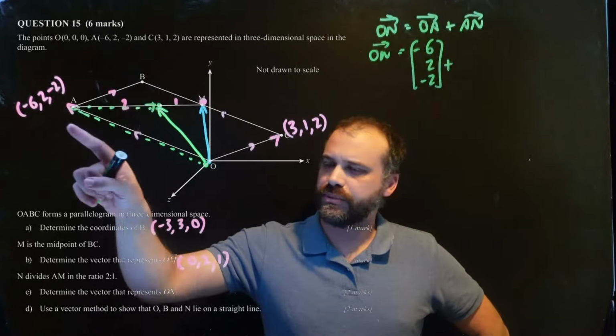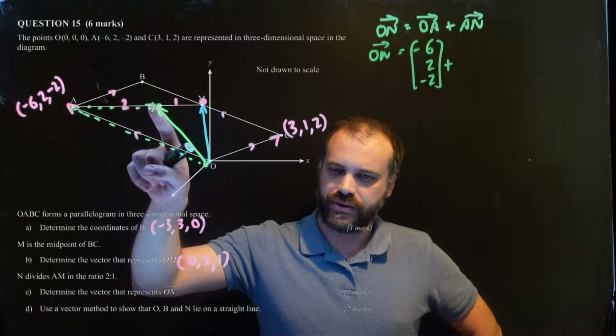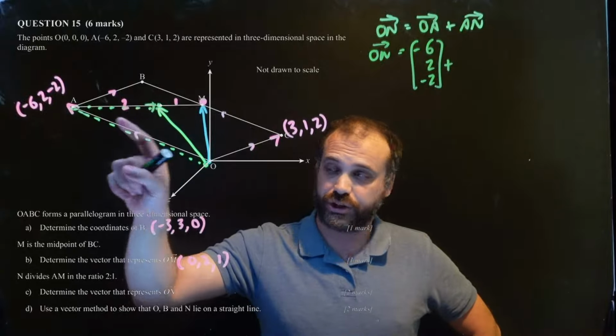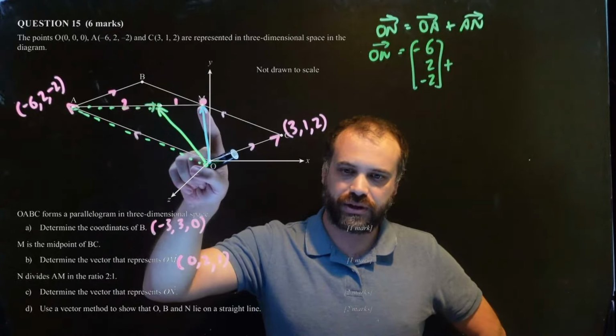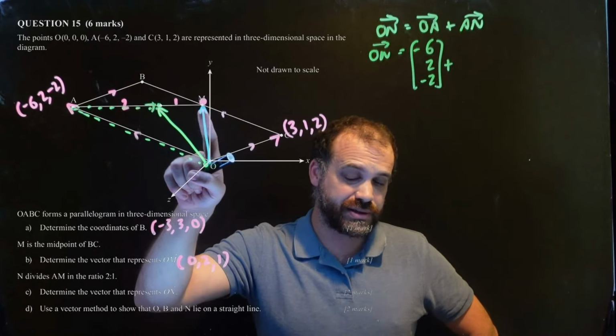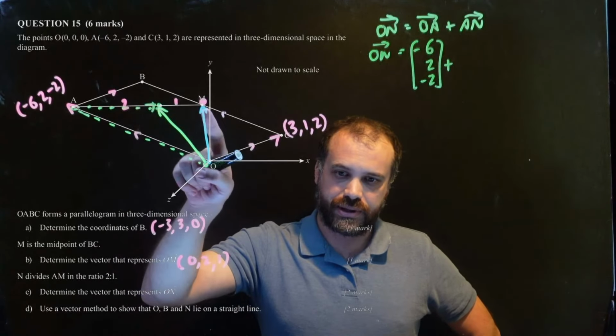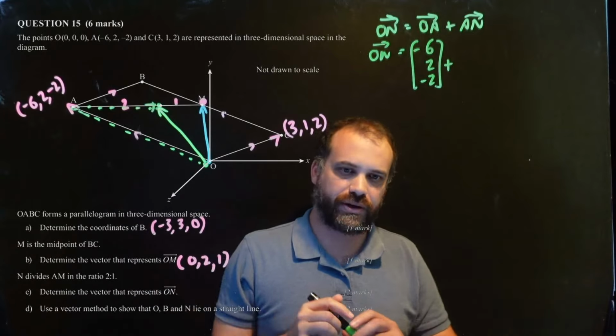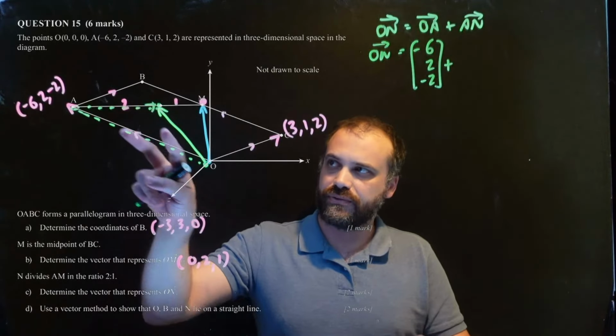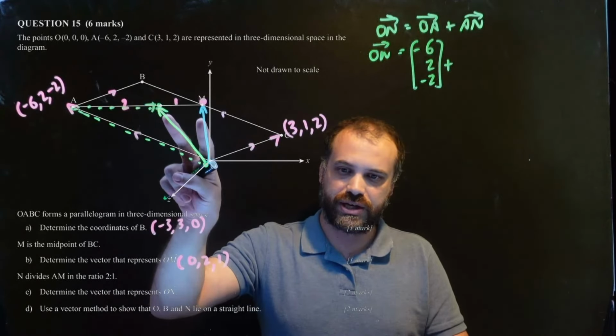Now, what do I know about AN? Well, AN is a fraction of AM, right? And because I know what point M is, finding vector AM is a stepping stone to finding vector AN. And you've got to be careful here, and this is sort of my non-standard notation.